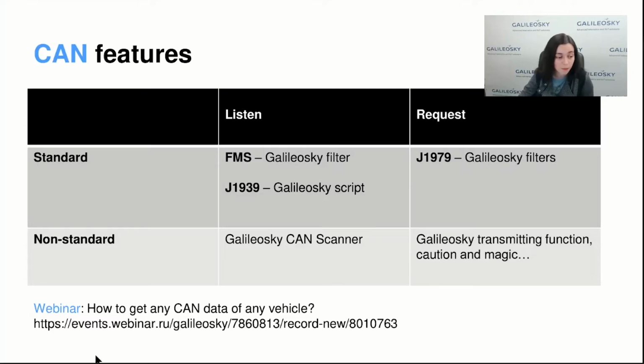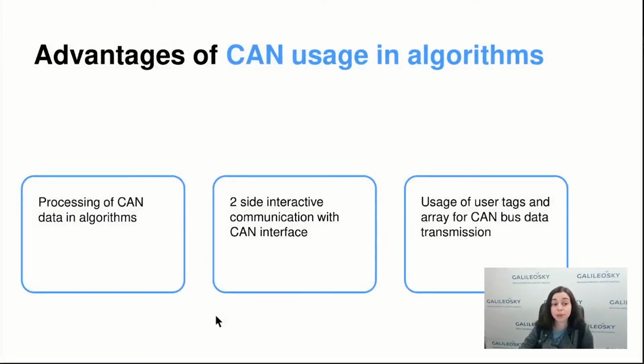Okay, so advantages of CAN usage in algorithms. Actually, I already told a few words about it. Two-side interactive communication, so it is when you need to send something. Processing, of course. And also one more thing is usage of user tags and arrays for CAN bus data transmission.